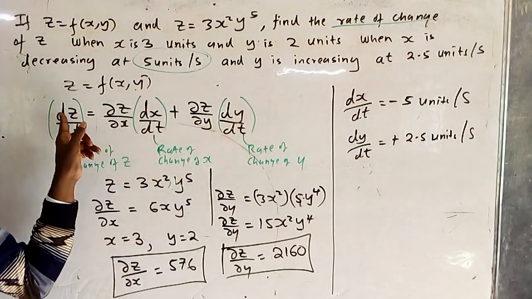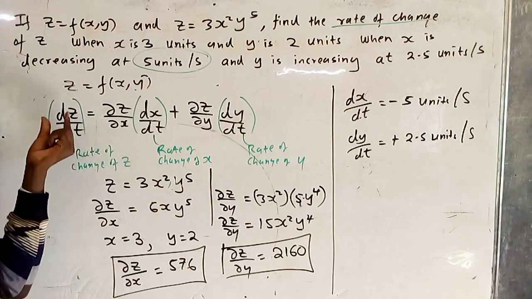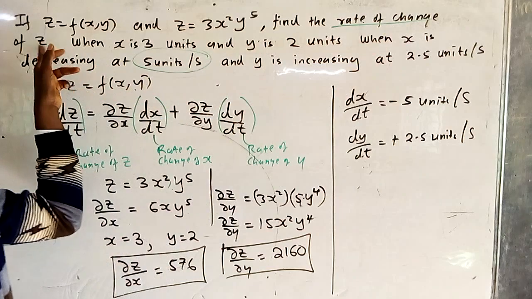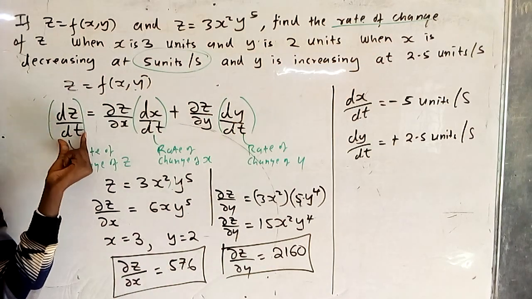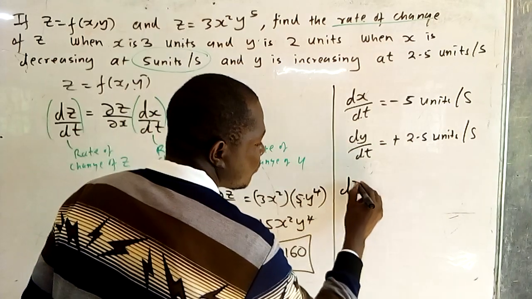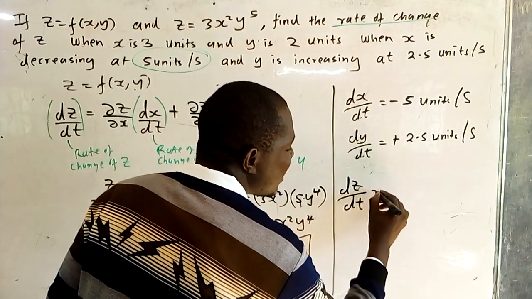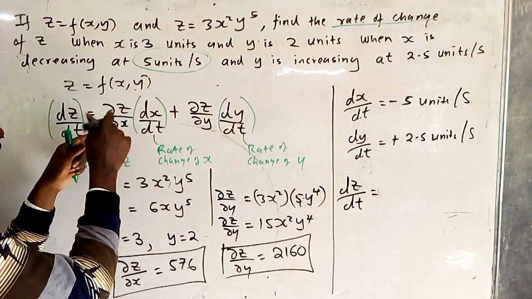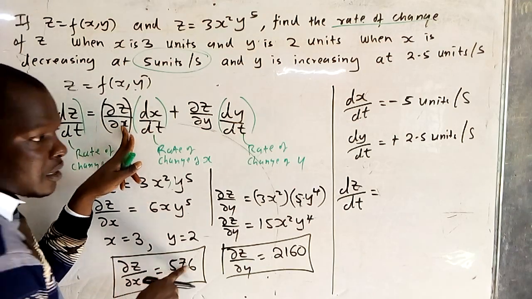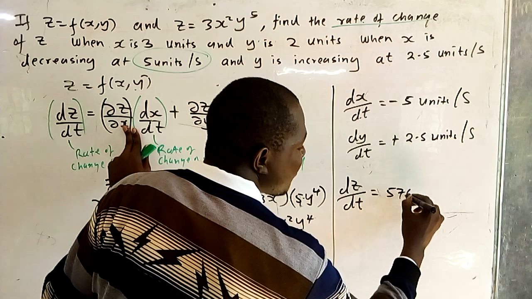So what you do is to substitute to get the rate of change of z, isn't it? That is what they want, the rate of change of z, which is dz over dt. So what is dz over dt? dz over dt is equal to partial z over partial x, which you found to be 576.